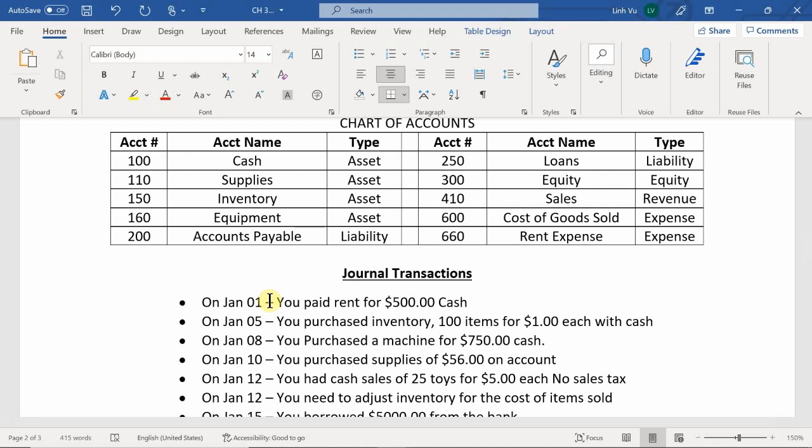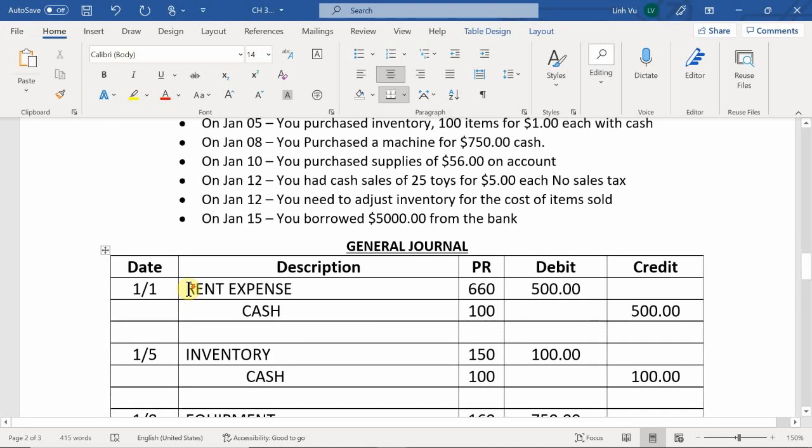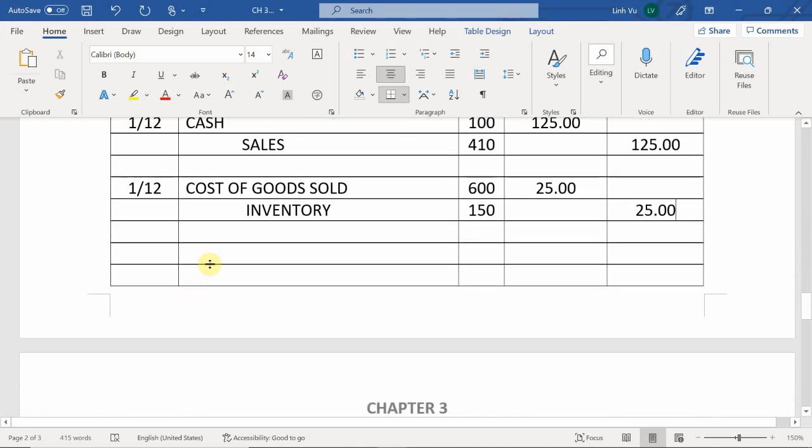Now, in this case, I owe the bank money. Am I increasing my liability or am I decreasing my liability? Increasing. You're increasing liability. And then therefore, would you debit or credit the account? Credit. You would credit the loan account, correct.